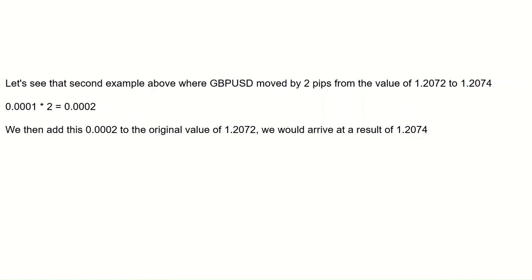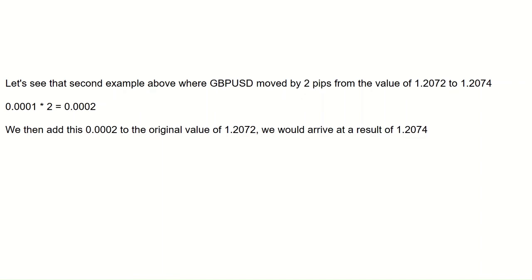Now, I told you that whenever a currency pair moves by 1 pip, it moves 0.0001. So since GBP/USD moved by 2 pips, we are going to multiply 0.0001 by 2. So it will give us 0.0002. So when GBP/USD made a 2 pip movement, it moved by 0.0002.